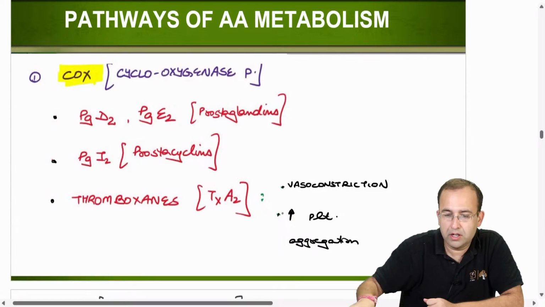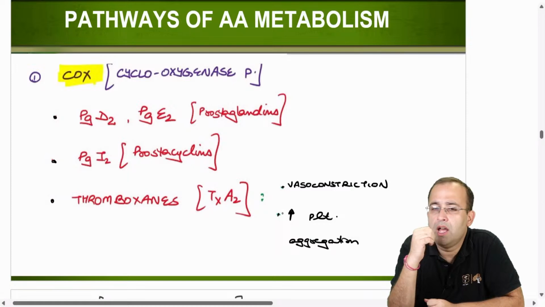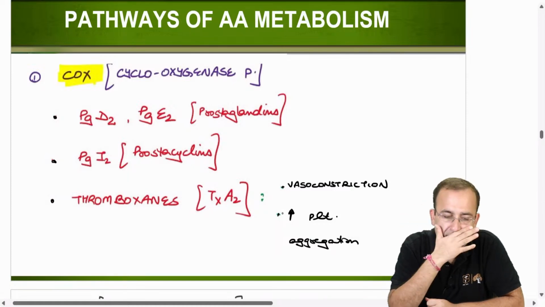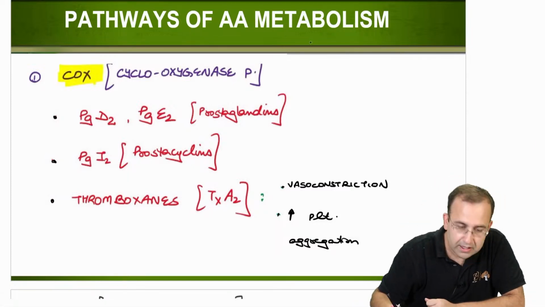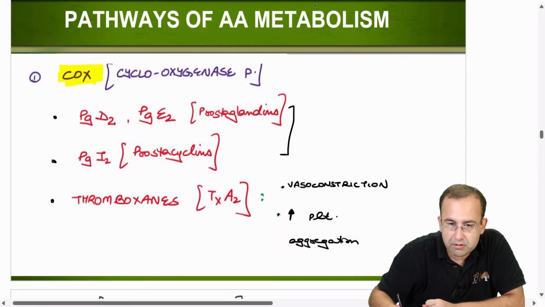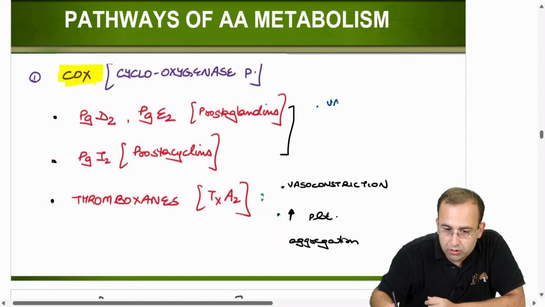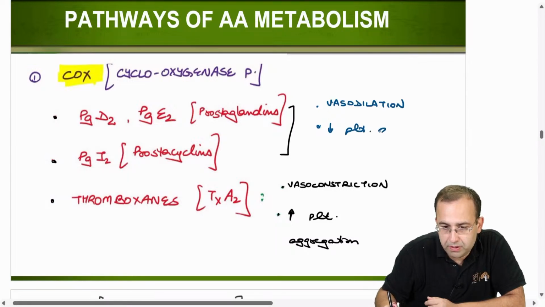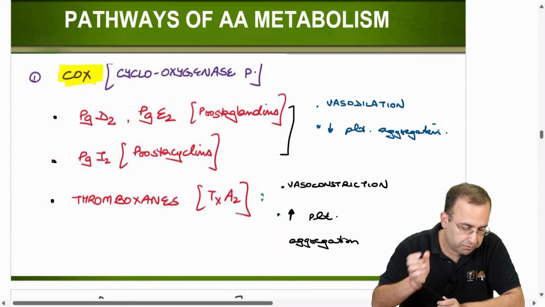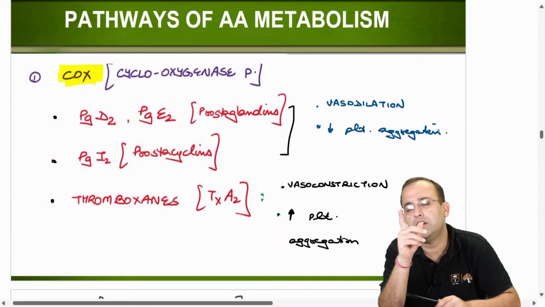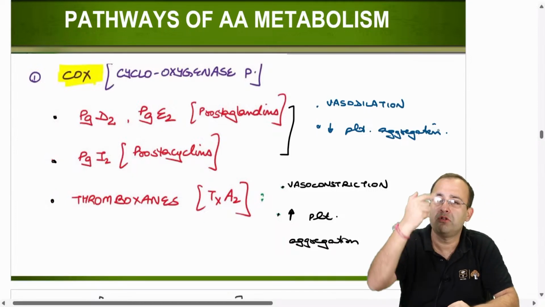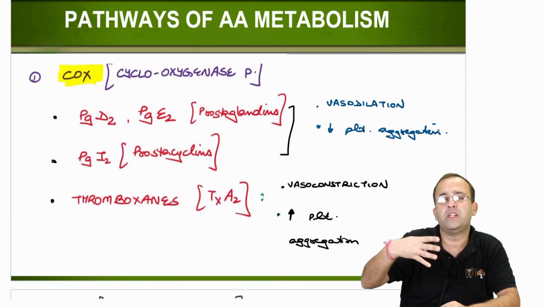Versus prostaglandins and prostacyclins, which have an opposite role. They cause vasodilation and reduce platelet aggregation. Last time's NEET PG question, MBBS segment: vasodilation and reduced platelet aggregation is associated with prostaglandin, prostacyclin, thromboxane, both A and B.